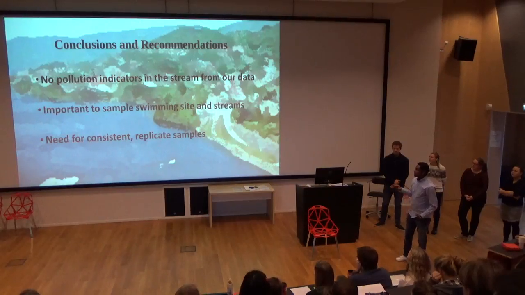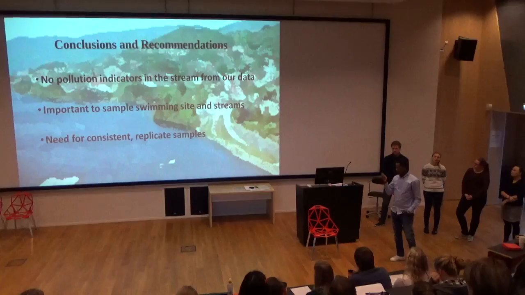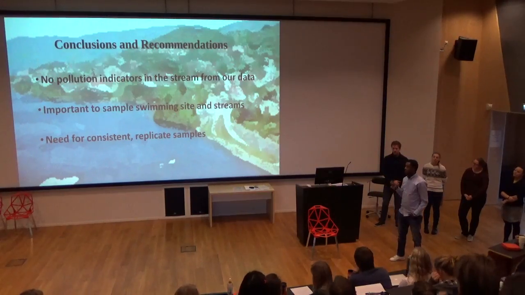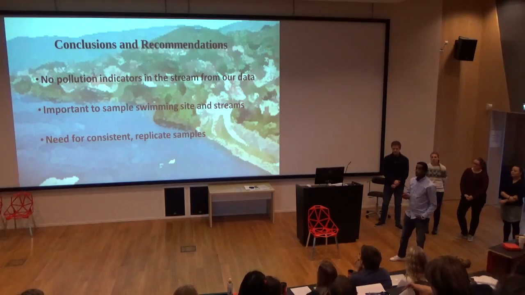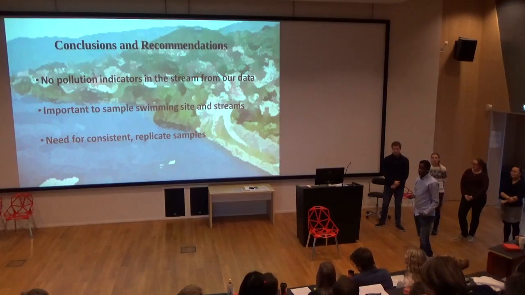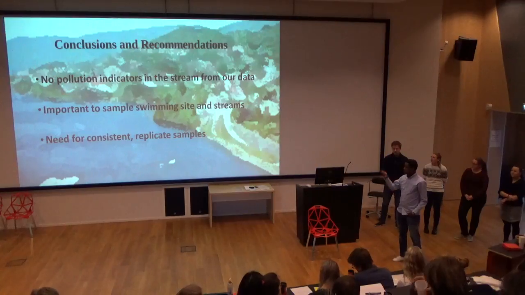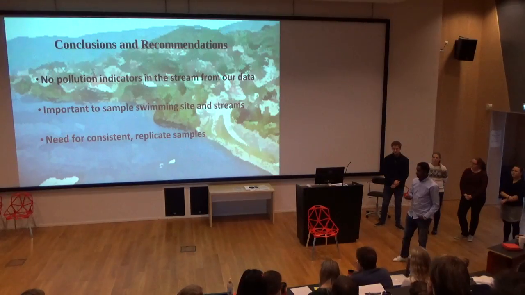And another important thing is it's always important to have consistent and replicate samples from the municipality. So we highly recommend that the replicate samples be done when there is the material analysis. Because if you do replicate samples, it gives an actual picture of the water quality.